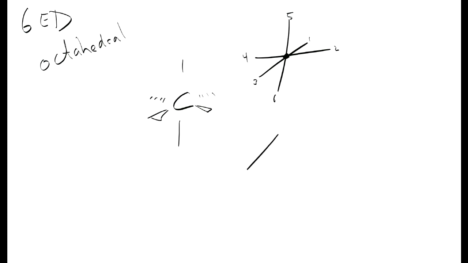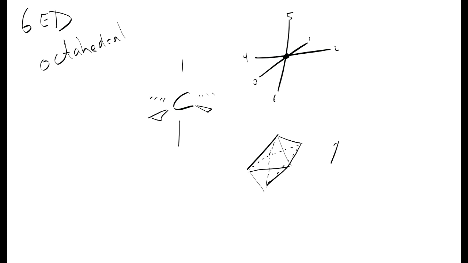We call it an octahedron because when you draw it out, what you get is something like this. Might be kind of hard to see, but that is an octahedron.